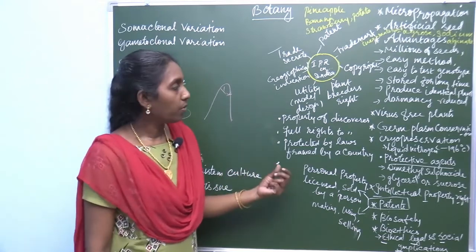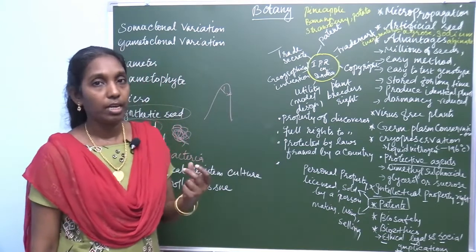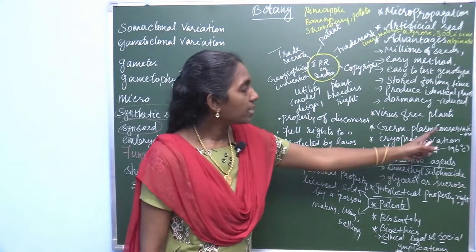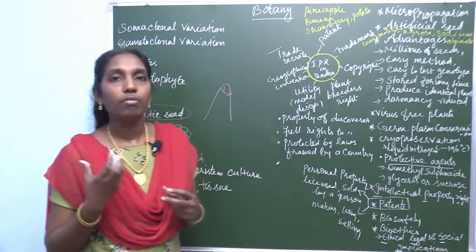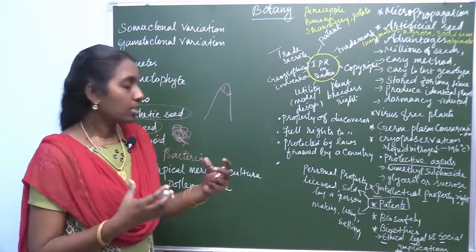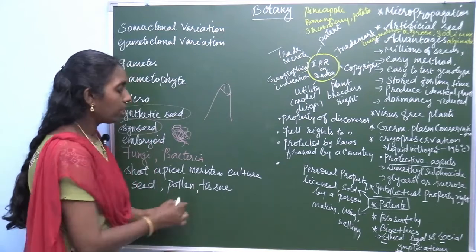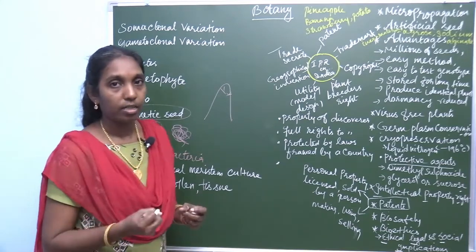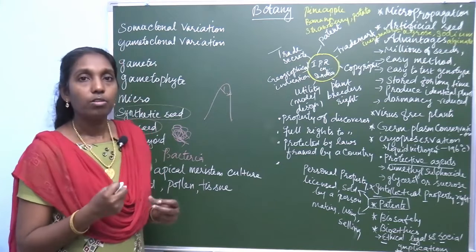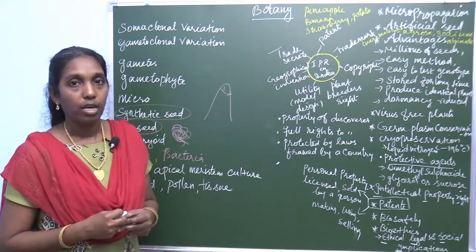These parts of the plant can be preserved in live form. So this living material, seed, pollen and tissues are conserved, protected and stored.